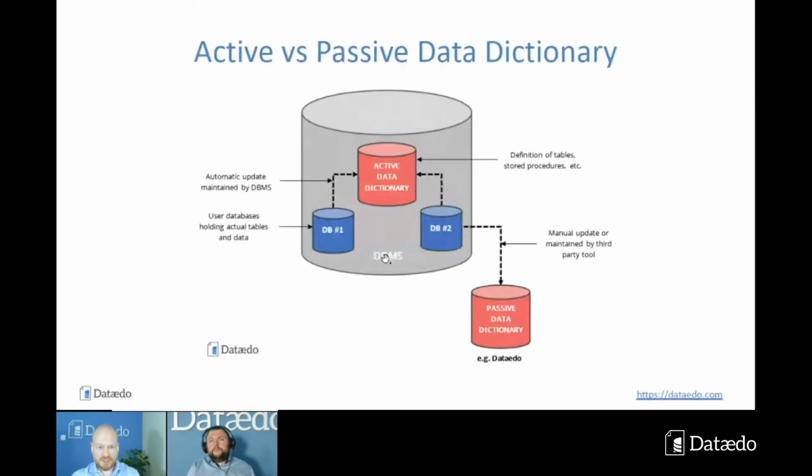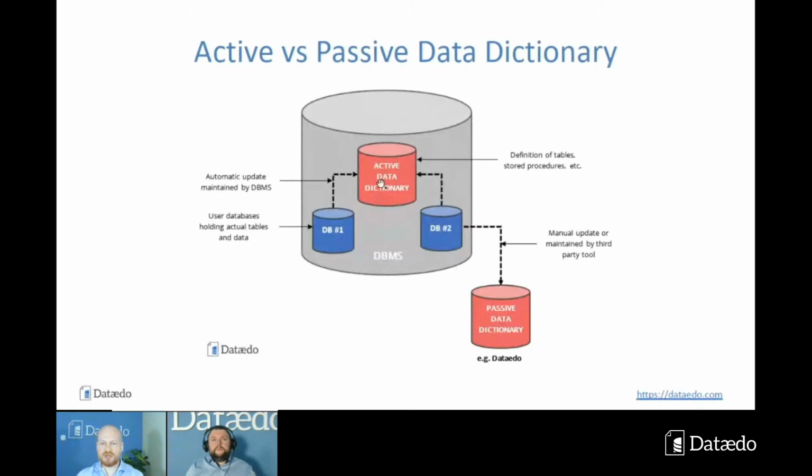So you have your databases that keep the actual data. Here, let's say this is a CRM and it has an orders table. There's also a special place, a special set of views or tables or a schema that stores the data dictionary. So a specification of the data stored here.